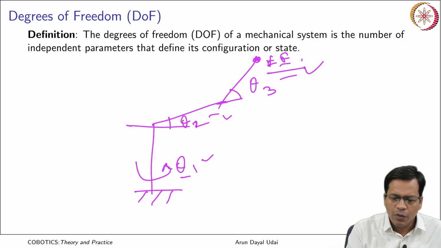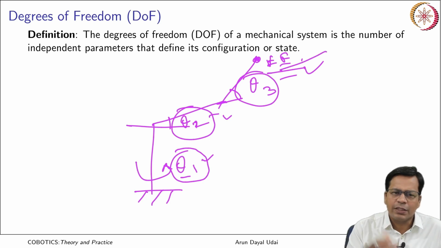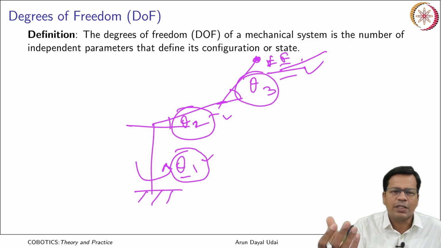So all 3 angles theta 1, theta 2 and theta 3 need to be defined so as to fully define the state of the robot, that is defined by the end effector coordinate, that is where it is at xyz or at xyz roll pitch yaw.